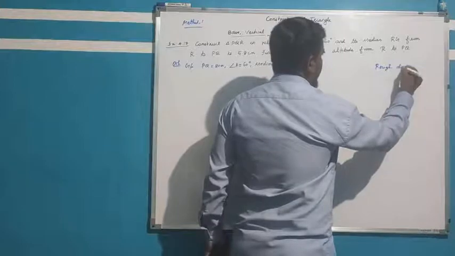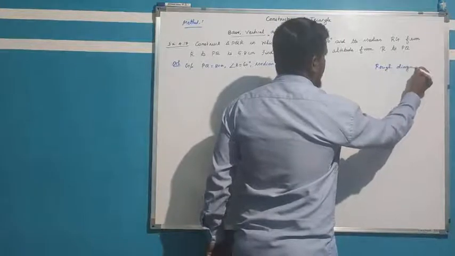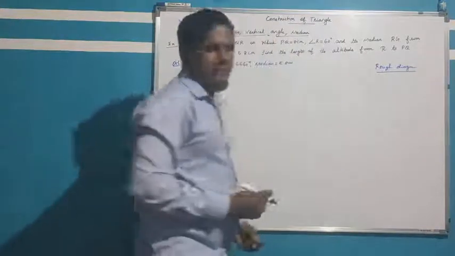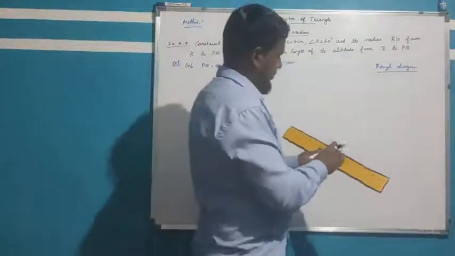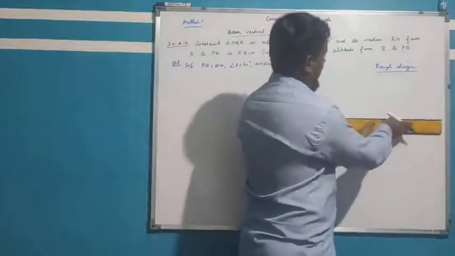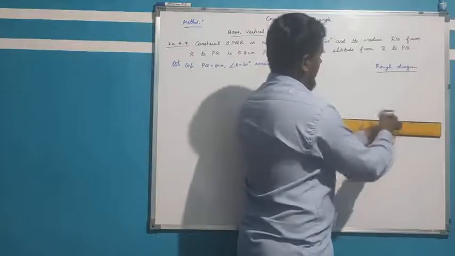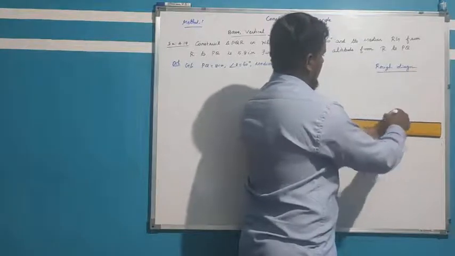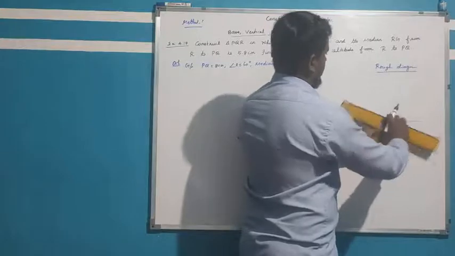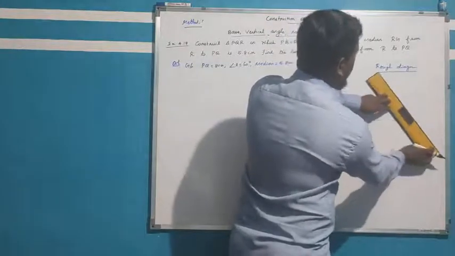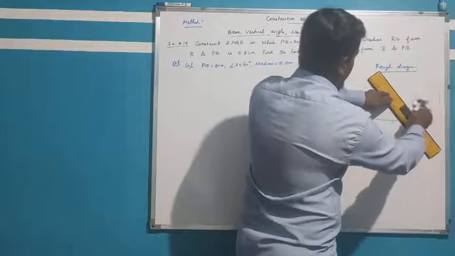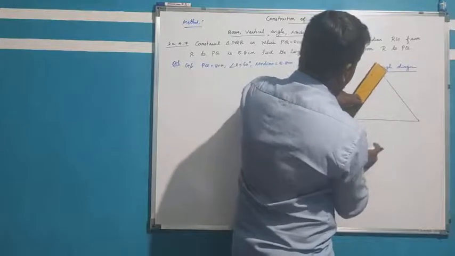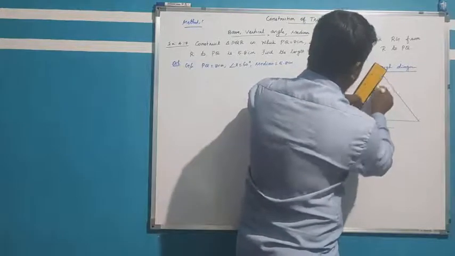What is the rough diagram? Approximately draw one triangle.